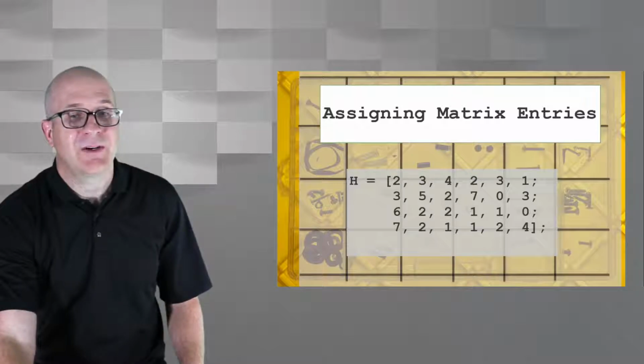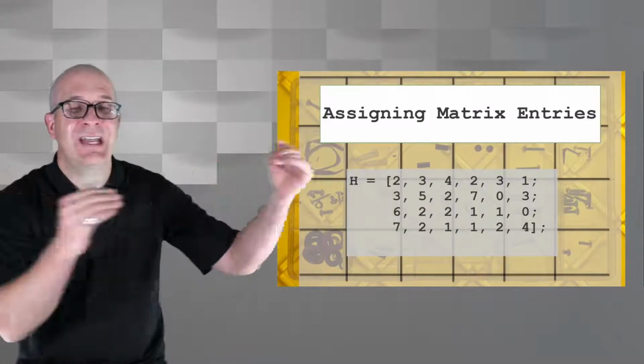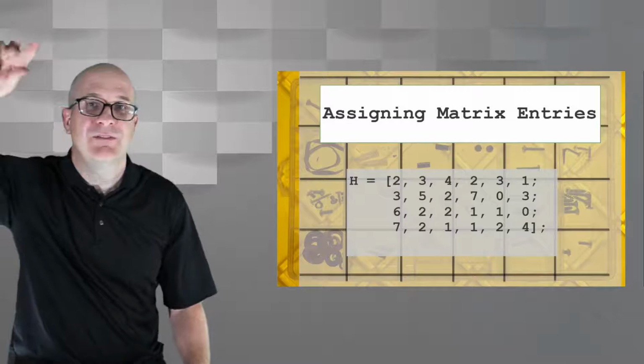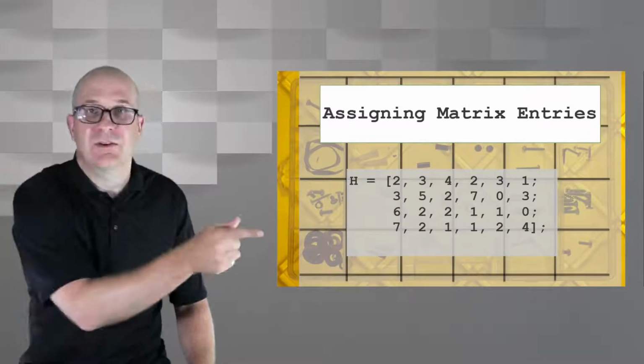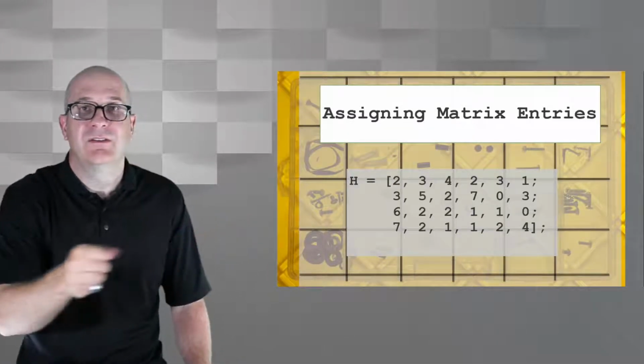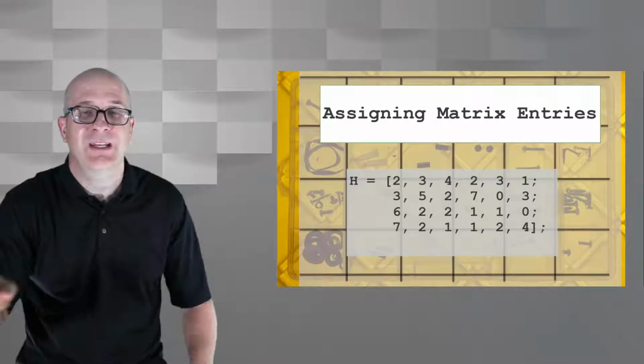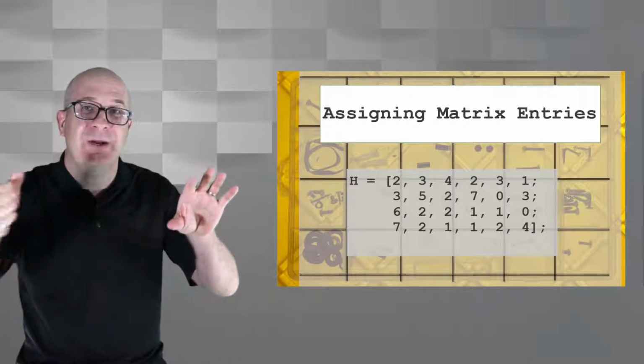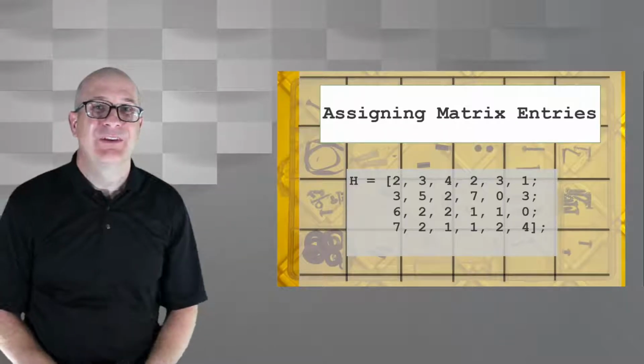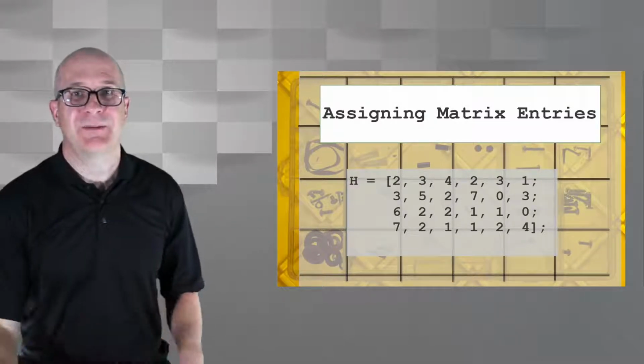So I put a semicolon, then 3, 5, 2, 7, 0, 3, semicolon. The semicolon means go to the next row, like a typewriter. And the commas are separating the column entries from each other.